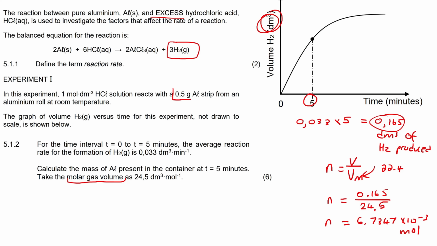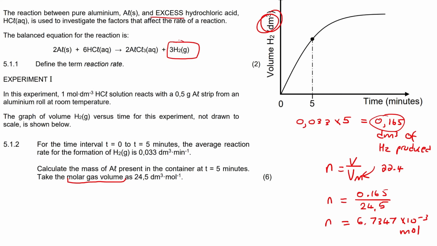So it wouldn't be correct to use all of that, because then the reaction would be finished. So that's why we're not even going to look at that right now. So we know that at the 5 minute mark, this is information we can use. And yeah, so we're not going to look at that part there.